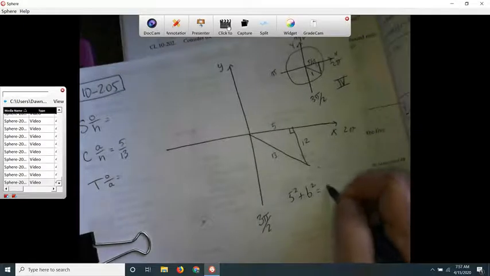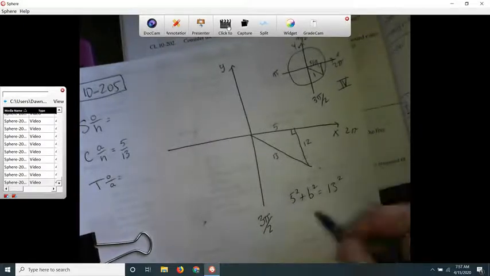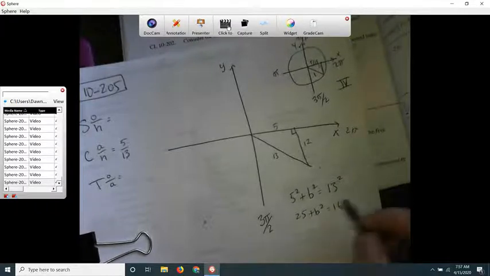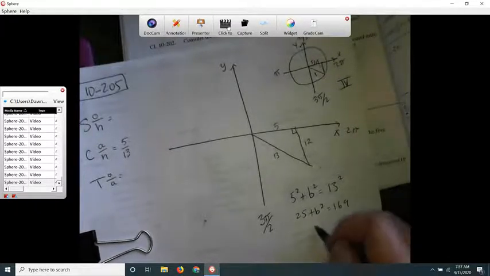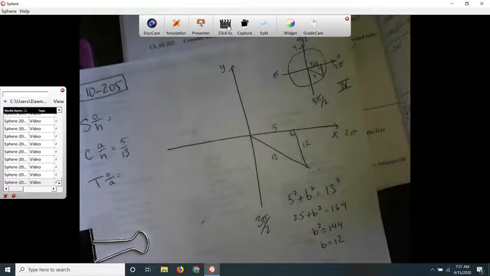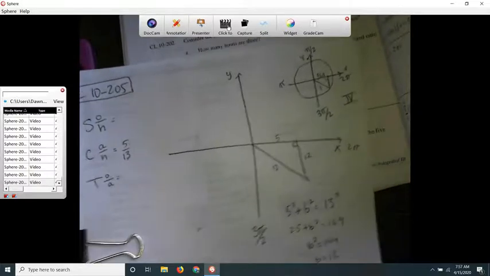And this is 25 plus b squared equals 169, and subtract, and I would get b squared equals 144, and so b is 12. And why would I do that? Because I need to get all these trig functions.